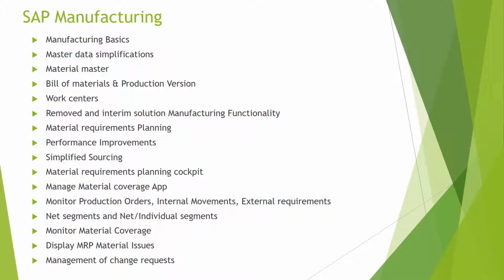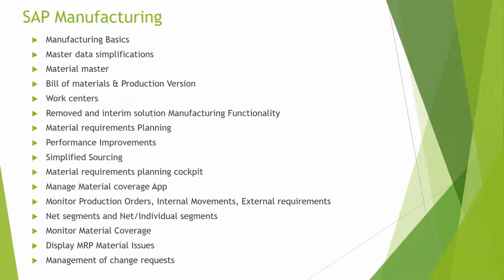Now, the material requirements planning cockpit. Redefining the MRP process includes more than changes to the technical mechanics of the MRP run. It also includes a completely redefined user experience for material planners. The MRP cockpit is a series of SAP Fiori apps developed to provide the planning group with all the relevant information in one convenient location.